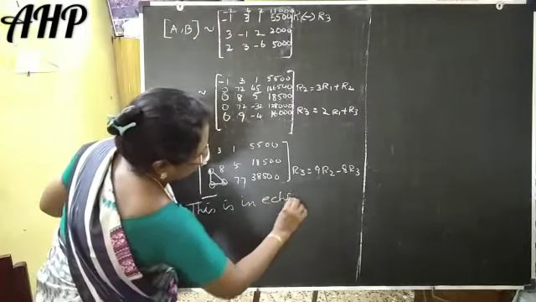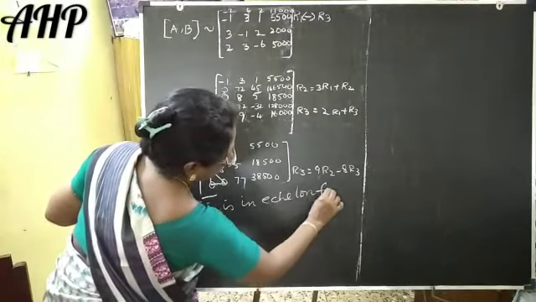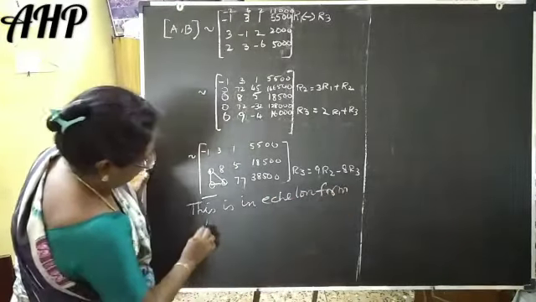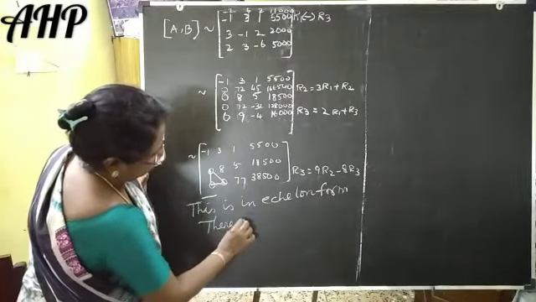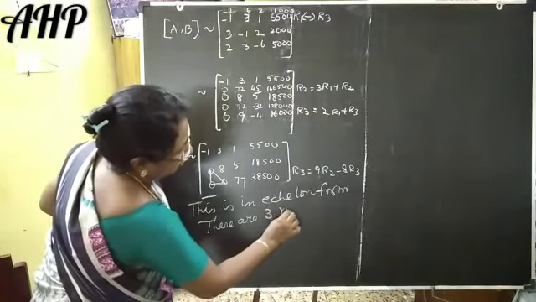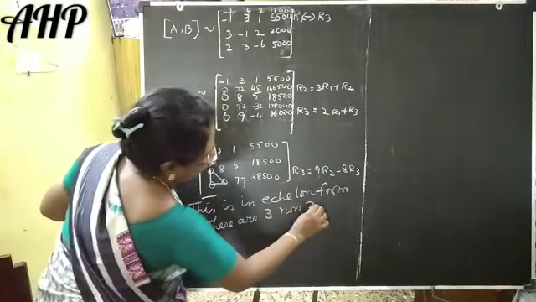There are 3 non-zero rows. Therefore, rank of A is equal to rank of AB is equal to 3. So it has a unique solution.